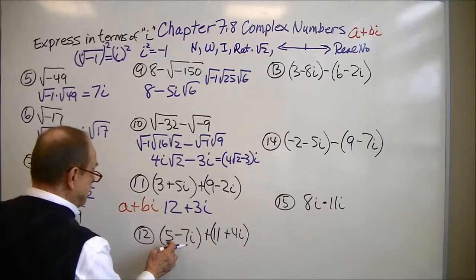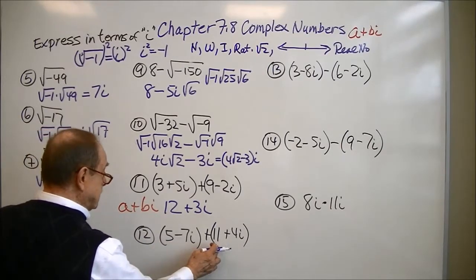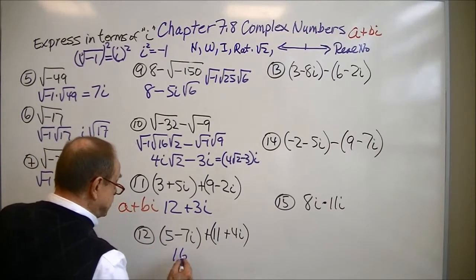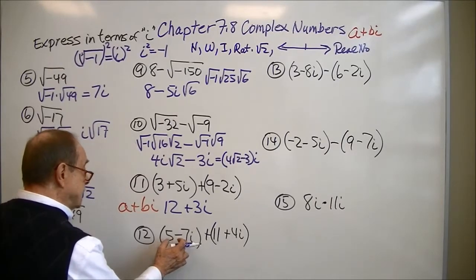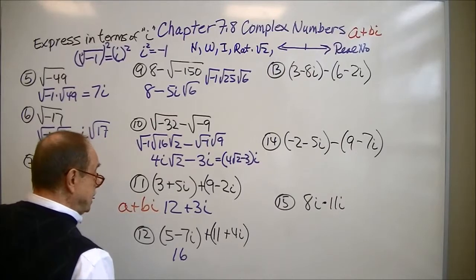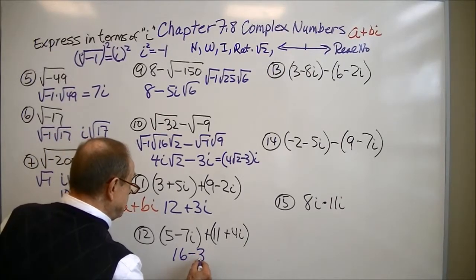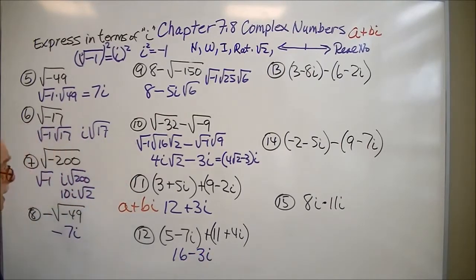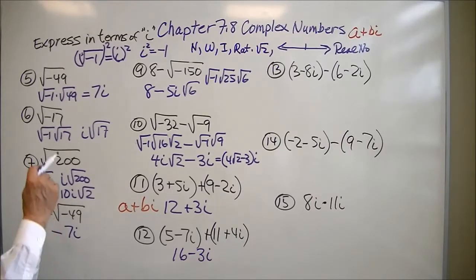So here we have 5 and 11. That's going to be 16. A negative 7i and a positive 4i give you a negative 3i. Okay. Now notice number 13 is subtraction.